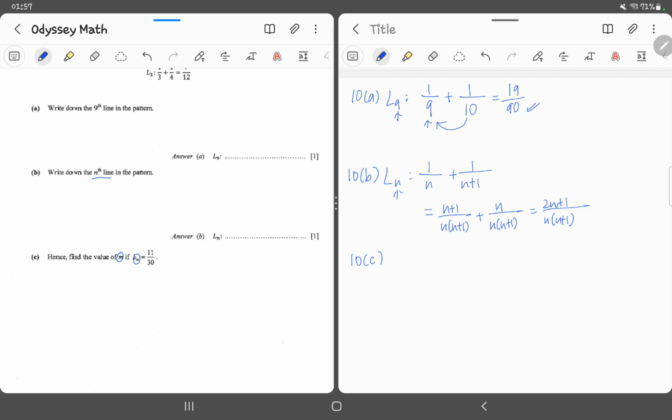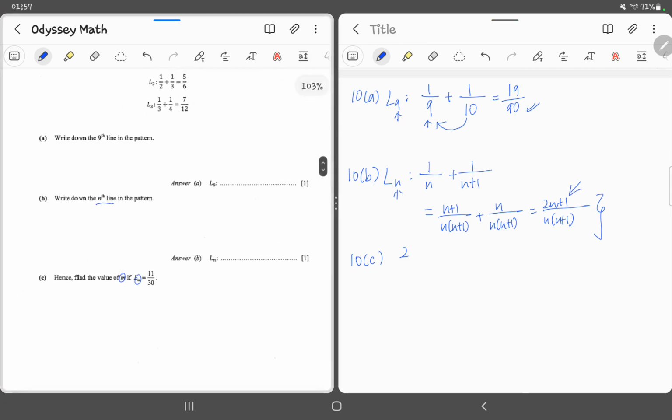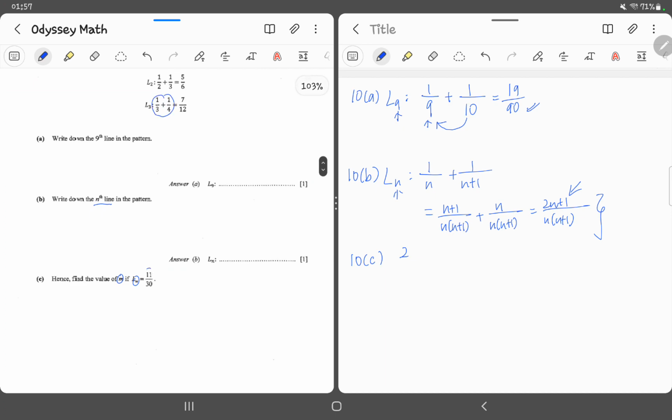This makes more sense. Okay, so over here, we know that this is the general formula for the line. So what we can do is, because this fraction over here represents the value on the left hand side, we just equate it to the right hand side. So 2n plus 1 over n bracket n plus 1 is actually equals to 11 over 30.